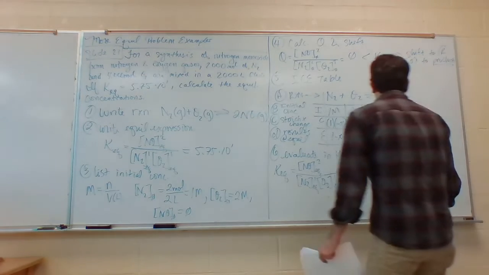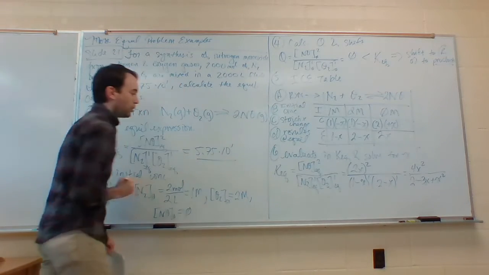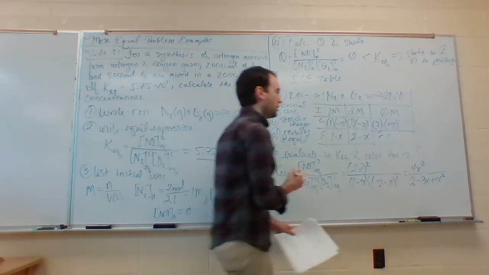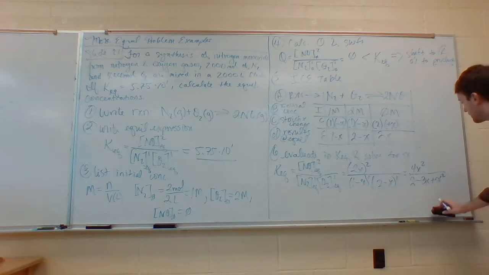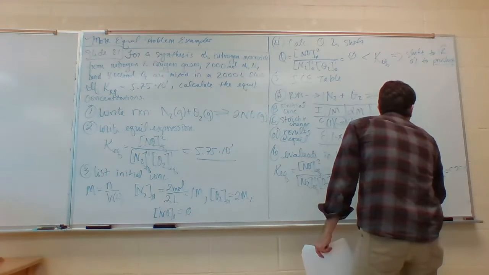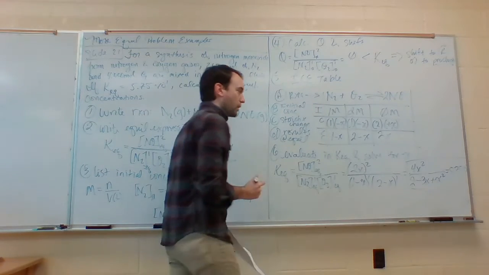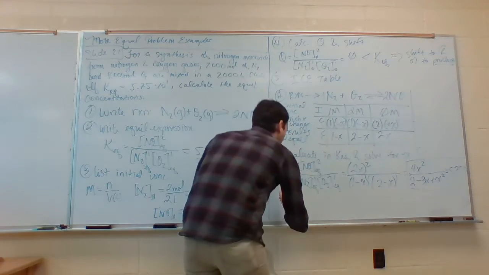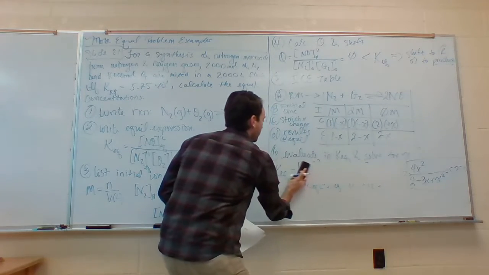All right. Now, I also know that my KEQ is equal to 5.75 times 10 to the first. So that means that this is equal to 5.75 times 10 to the first. Okay. So now I'm going to solve this for x. So what I'm going to do is cross multiply. Right? I'm going to erase this part.